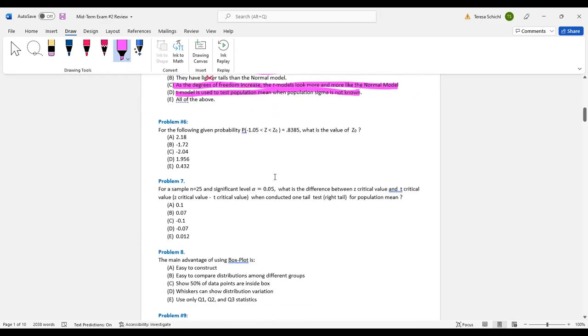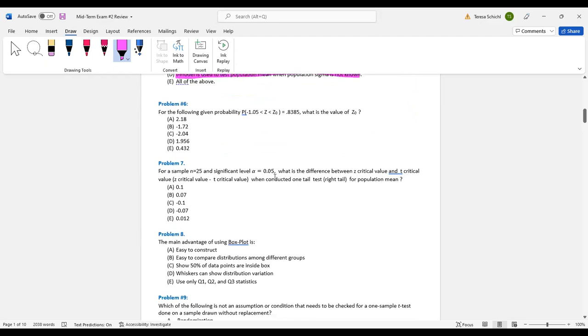All right, so now next one. Okay, so the next one, we want to find the value of Z0. So when we do this kind of problem, what do we do here? Typically, if you can draw a picture, that would be better. So this is a standard Z, I have zero here. Then you have 1.05, and you have some Z0 here. That's what we want to find.